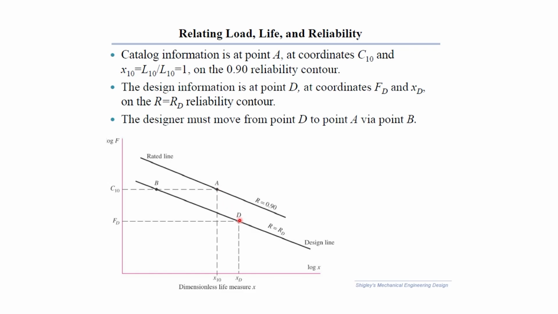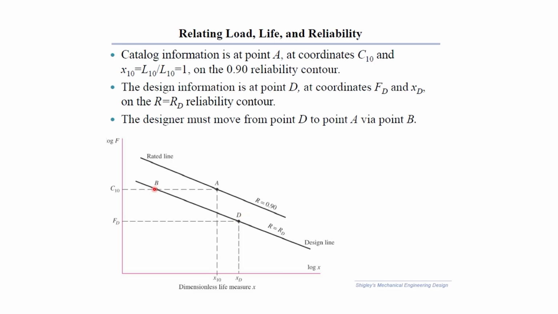And so, the designer must move from point D to point A via point B, because for this particular reliability we have a relationship Fd Ld to the power 1 upon a is equal to Fb Lb to the power 1 upon a.